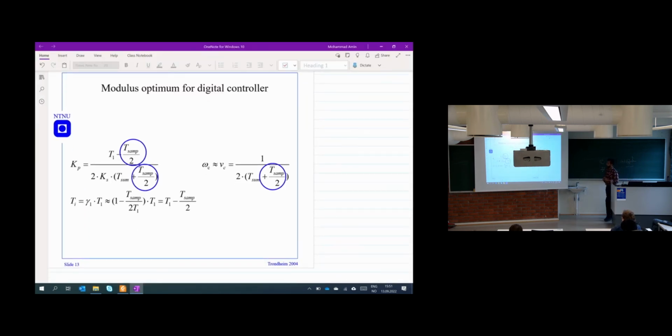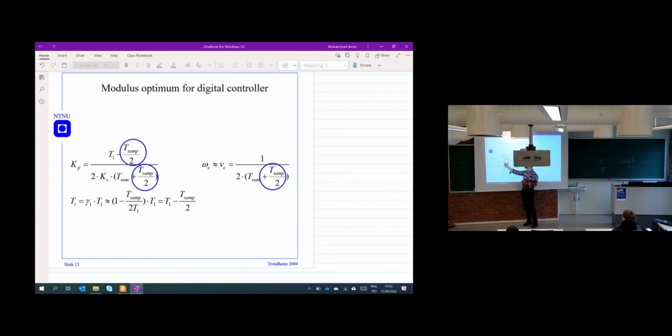But what I want to say is that the sampling time also has an impact on the tuning parameter. So you can see we initially have the T-sum, and we said that T-sum comes from the PWM carrier signal and the filter.